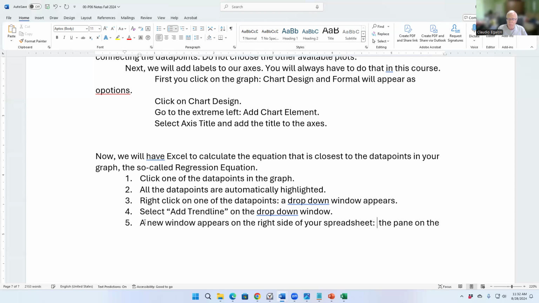Okay. Here you go. 1, make sure linear is selected.